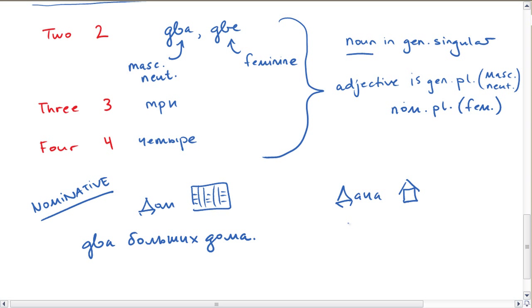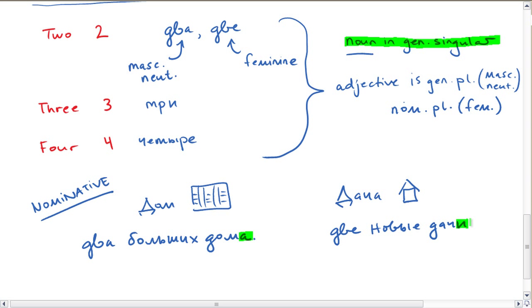And over here with dacha, which is feminine, we have dve novye dachi. Alright, so our noun is in the genitive singular, regardless of whether it's masculine, neuter, or feminine, right? So we have doma and dachi.